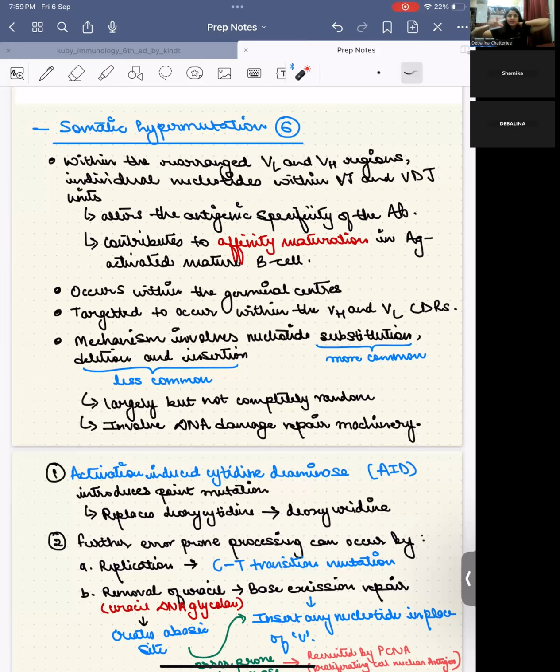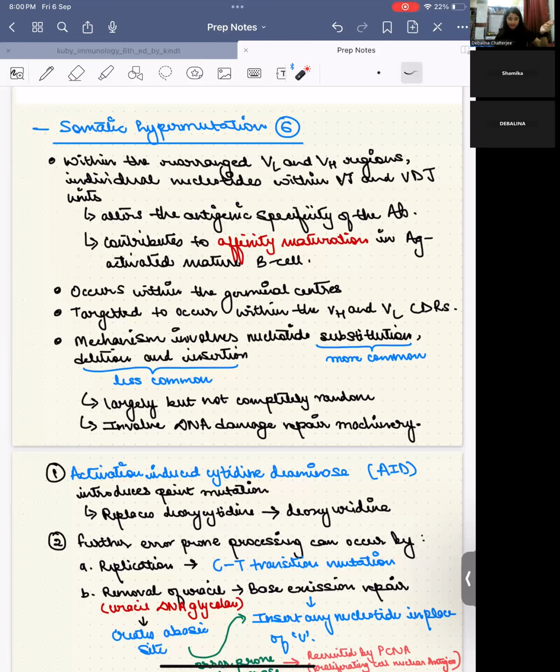So those sorts of things can change because of somatic hypermutation, leading to affinity maturation. Where is it happening? It is happening inside the germinal centers, and the hypermutation is restricted. It doesn't happen on the entire gene fragment.